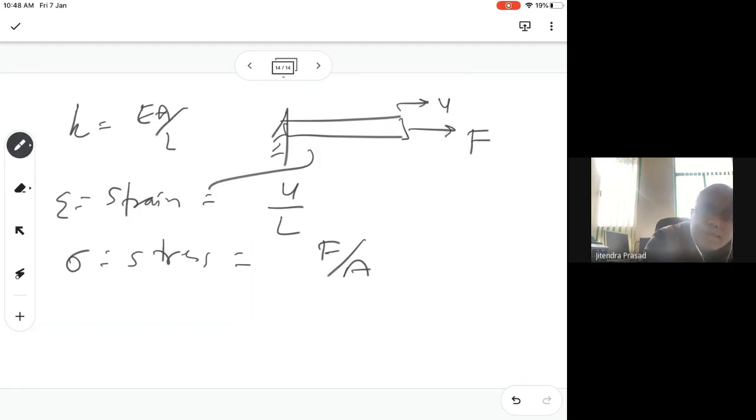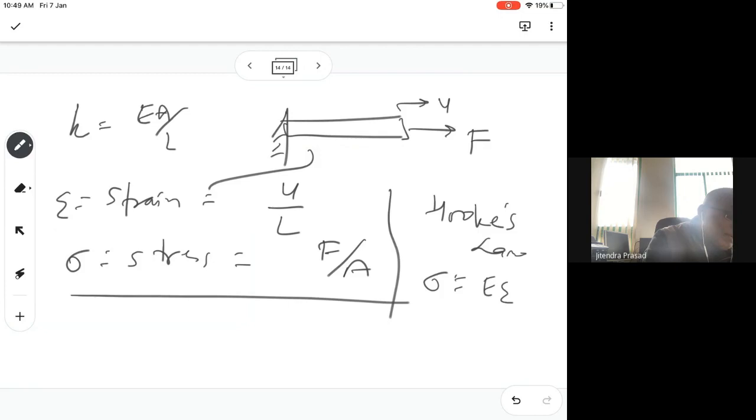And then this is a linear material, so Hooke's law applies. What does Hooke's law say? Sigma equals E times strain.